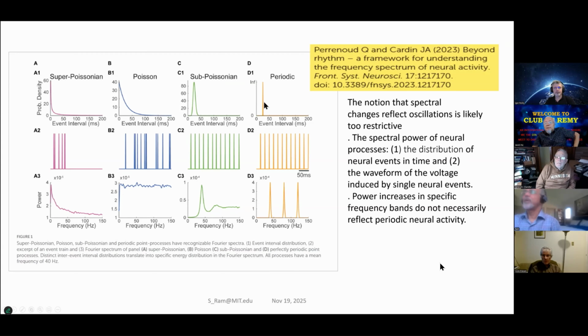And if it becomes totally periodic, we're only talking about a point process here, a delta function being applied around this area, then it will have energy in its fundamental and all its harmonics. And then there is something called a super Poissonian process, where it could have lots of different bursts. They could have a lot of high energy, high frequency pulses coming in. But if you look at its distribution, predominantly it is also low frequency input here.